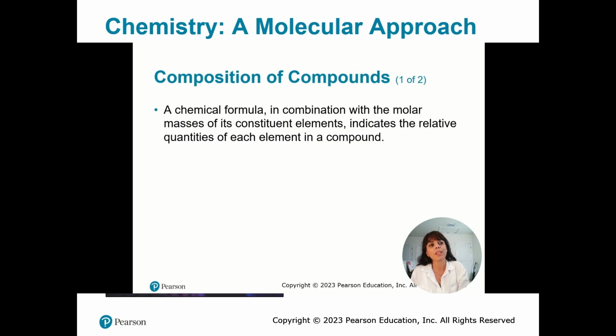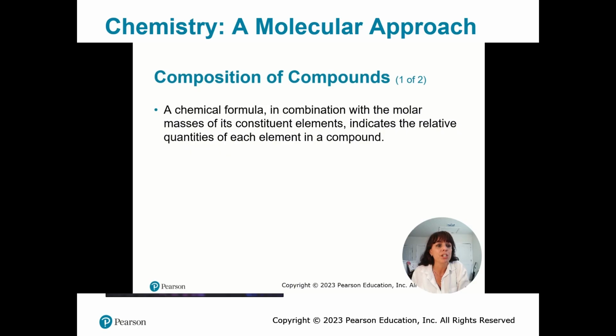Another very important thing is the composition of compounds. It's really important, and you already do this during your day and your life, right? Because the chemical formula in combination with the molar mass of its constituent elements indicates the relative quantity of each element in a compound. Let's give an example that you do every single day.